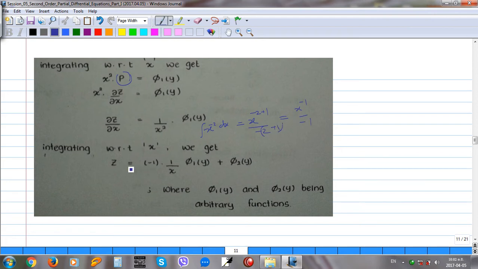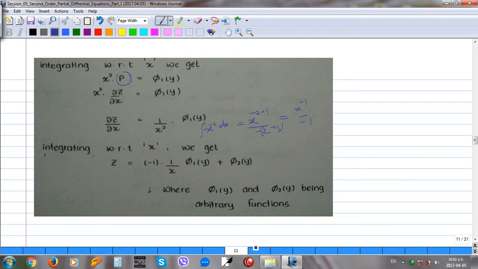Then here z equals minus 1 over x times a constant plus another constant, where those two constants are arbitrary functions of y. That is a way of solving type 1 equations.